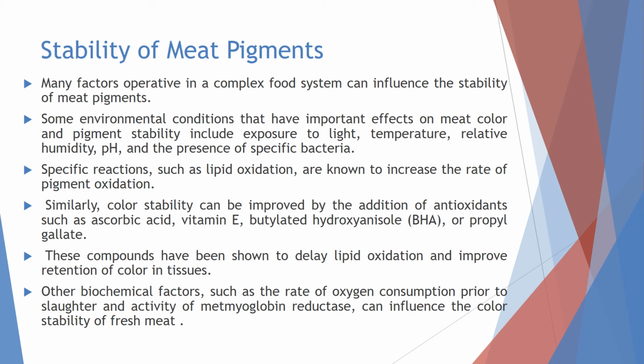Other biochemical factors such as oxygen consumption prior to slaughtering and the activity of metmyoglobin reductase can also influence the color and stability of the fresh meat. So considering all the factors, we can control them and retain the meat pigment as much as possible.